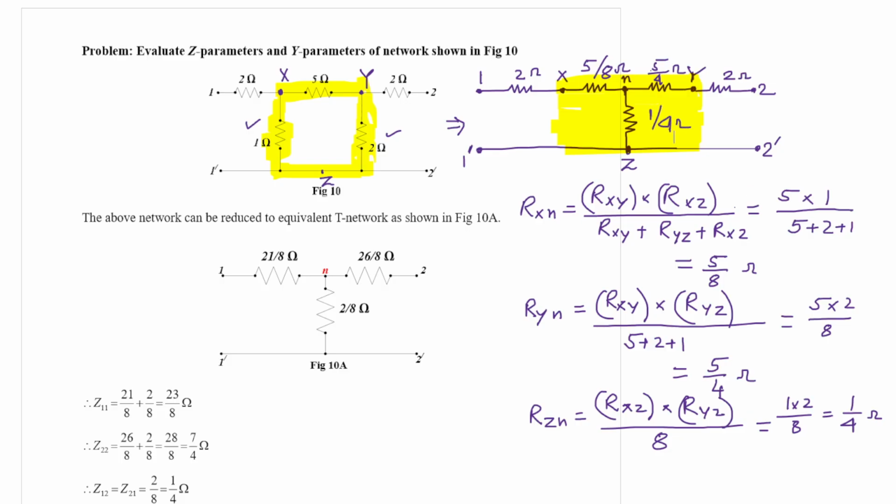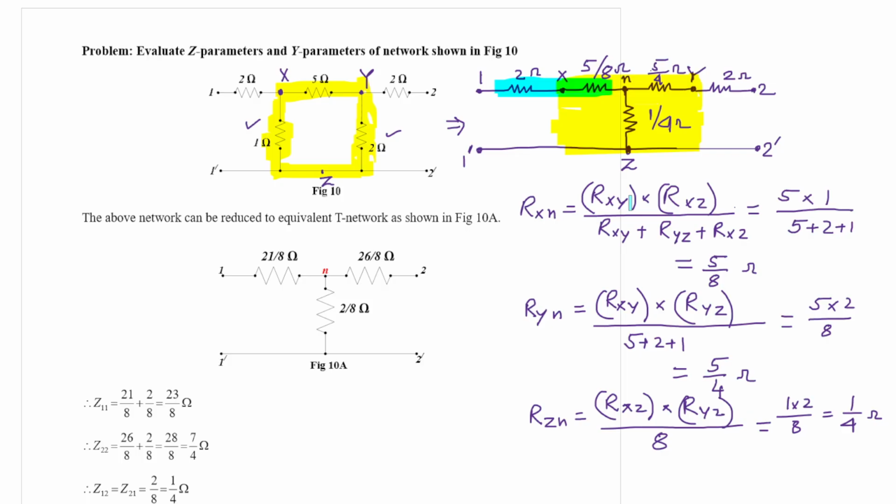So once you have done this, you can see a very interesting thing. Now this 2 ohm and this 5 by 8 ohm are in series.